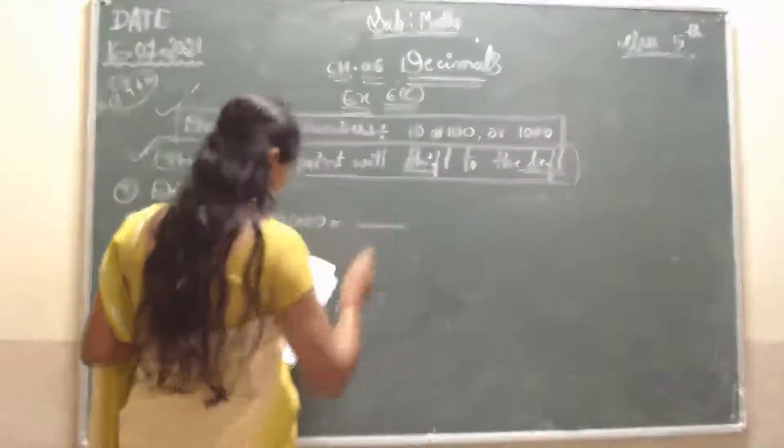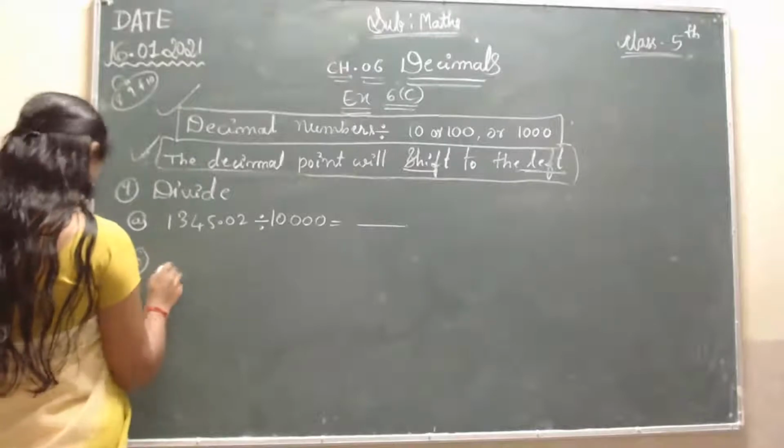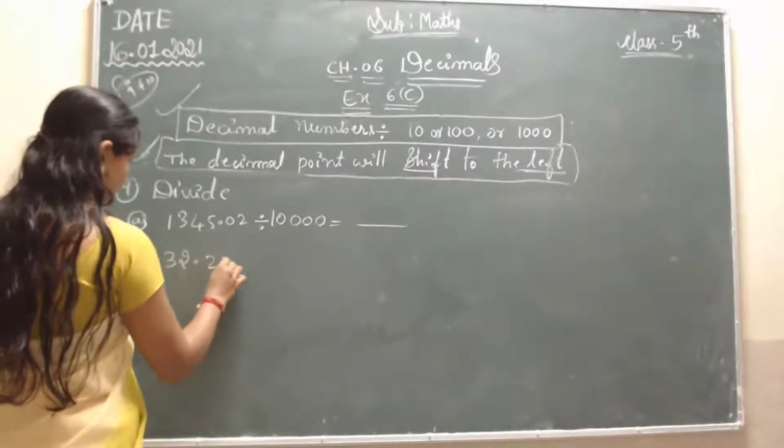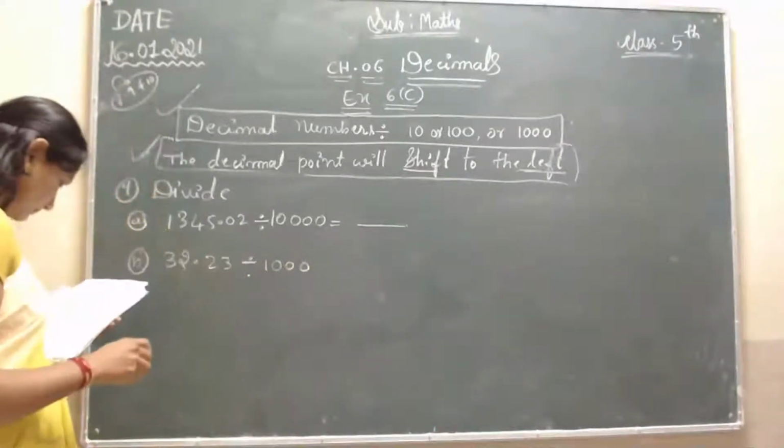So what is the result? Okay, next in question B: 32.23 divided by thousands.